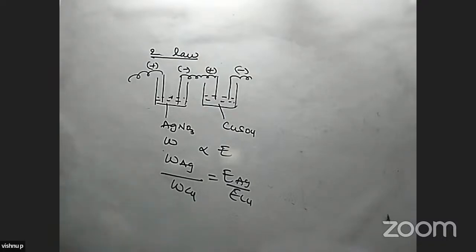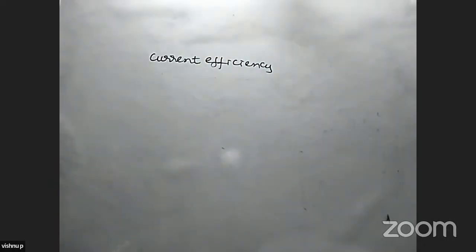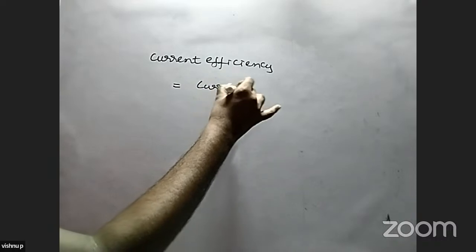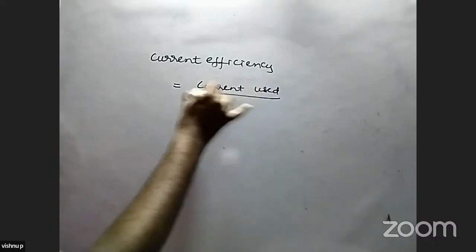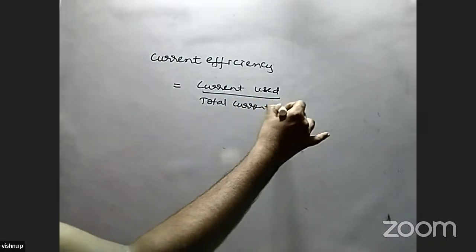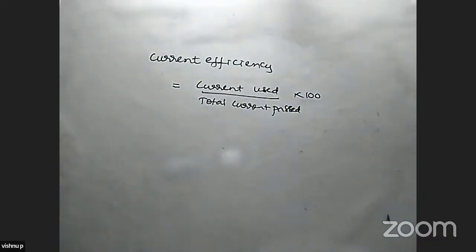So the next concept is current efficiency. What is the meaning of current efficiency? What is current efficiency in electrolytic cells? Current used by total current passed through the electrolyte into 100. This is called the current efficiency.